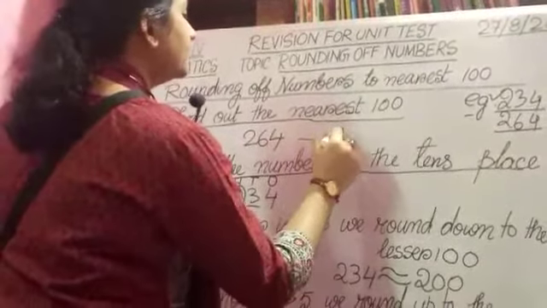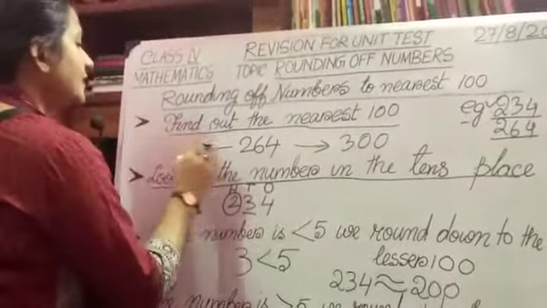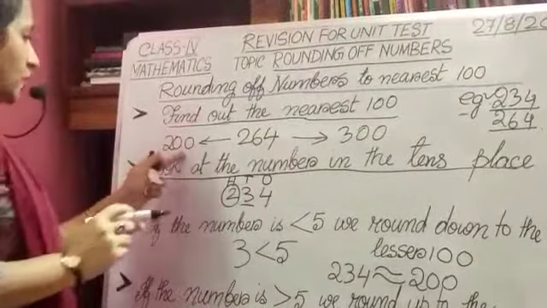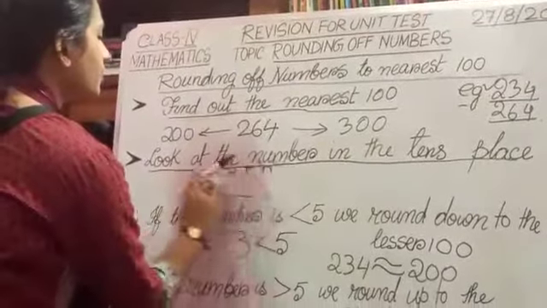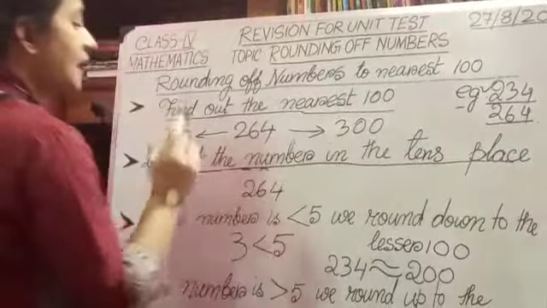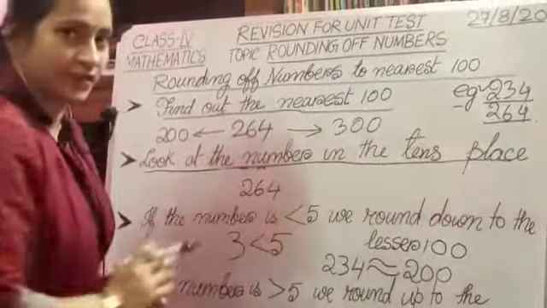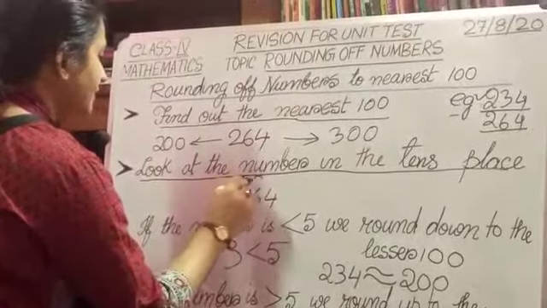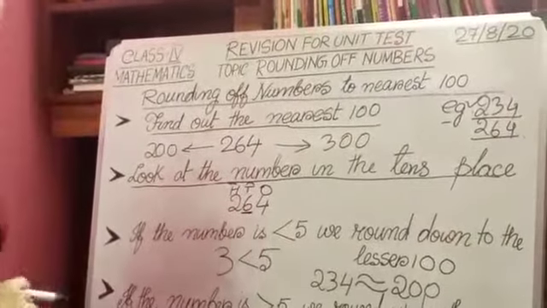Again, here we have 200 and 300, and 264 is sitting in between 200 and 300. Now again, we have to place it under the place value chart. Look at the number in the tens place. So we have to find out the number in the tens place: hundreds, tens and ones. This is the tens place.